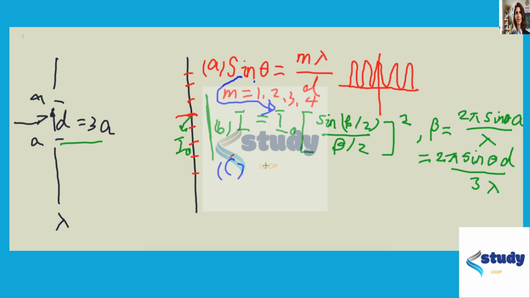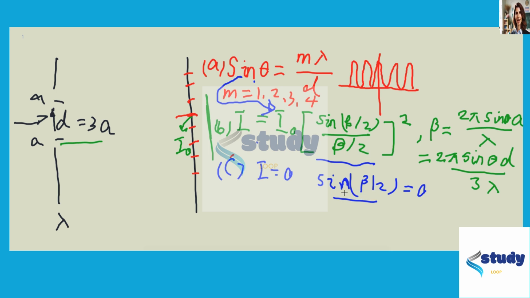For example, if we have a missing maximum, the I should be 0. So this is something squared, so it should be equal to 0 or bigger than 0. So the sine of beta over 2 must be 0. So we just plug in all those 4 possible values to this and try to figure out which value will give us a 0 sine value here.